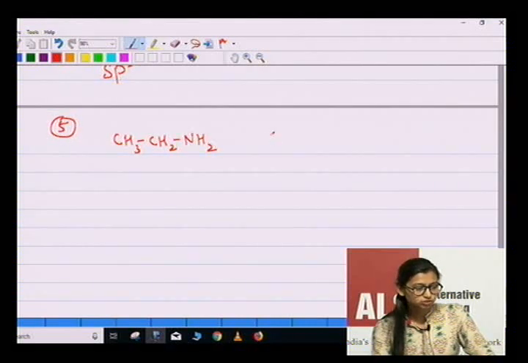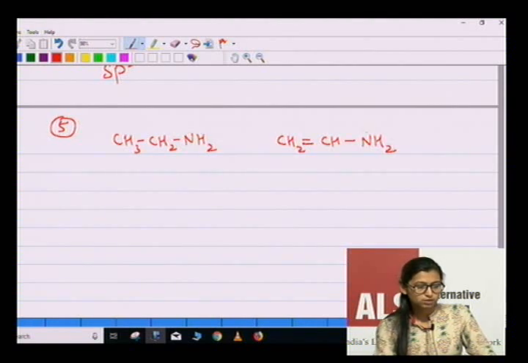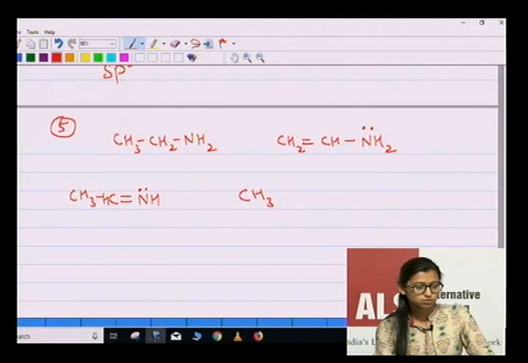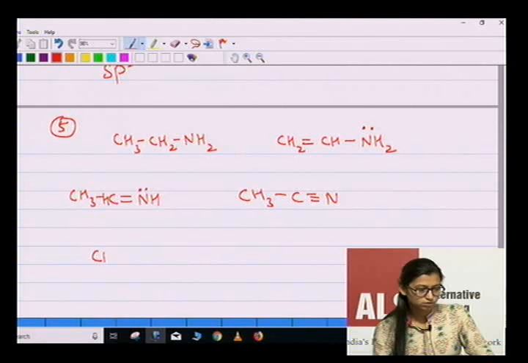You have this structure. You have CH3. Let's say you have this structure. Here you can have nitrogen. You have this structure.